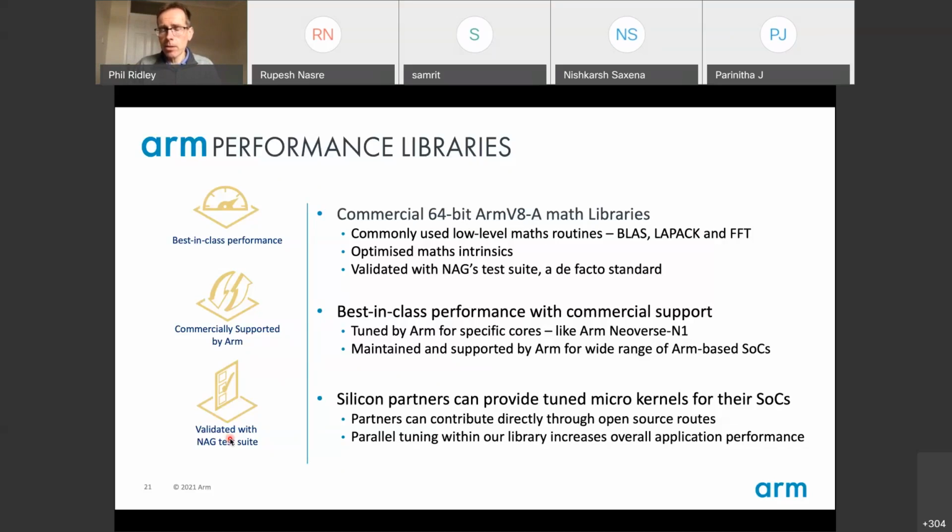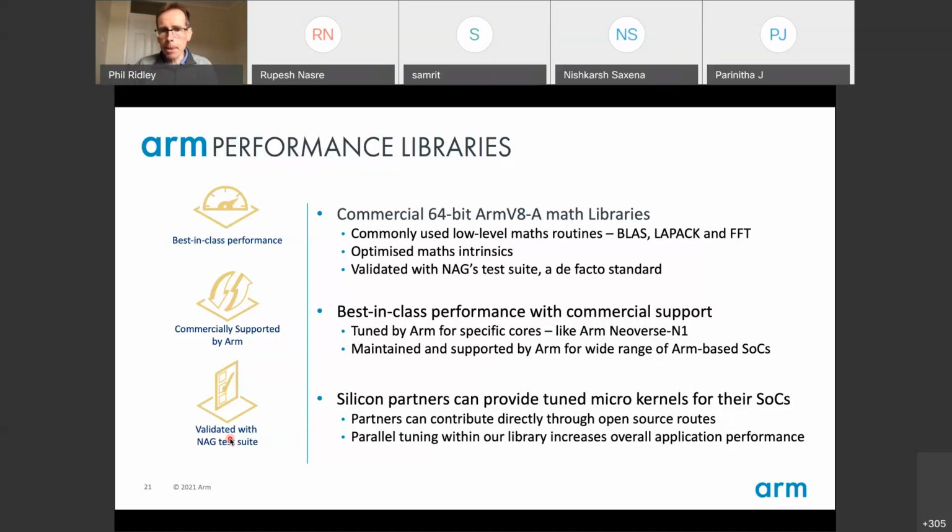So they're aware of things like microarchitectural features in some cases, but generally they're hand optimized, so they should give best in class performance. Obviously that's not always the case for every single routine, because there are a lot of routines, and sometimes an open source library might win if it's had extra development where these are missed, or the other way around, but generally we aim to give the best performance with these libraries.